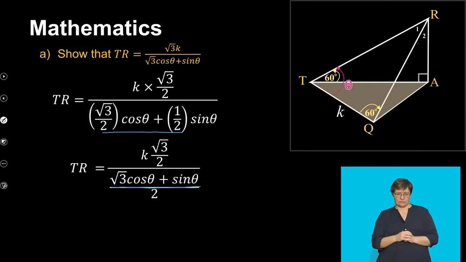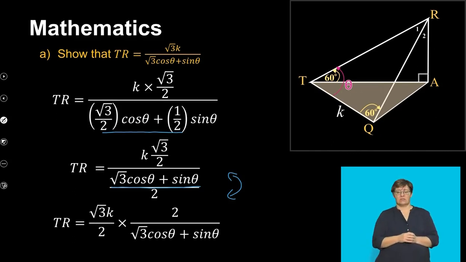So we just added the numerators. Okay, and then we have k root 3 over 2, and because we're dividing by this, we're going to invert and multiply. So remember, when we invert and multiply, we swap these two around. So it's going to become times 2 over root 3 cos theta plus sine of theta.